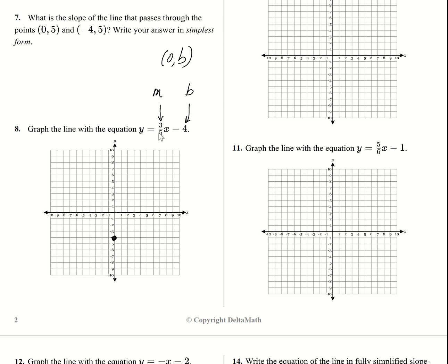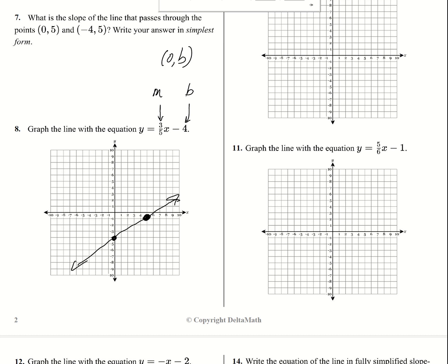The slope is telling me how to move from the y-intercept. So the slope is 3/5. What that means is I'm going to go up 3, 1, 2, 3, and over 5, 1, 2, 3, 4, 5. 2 points is enough to graph the line.